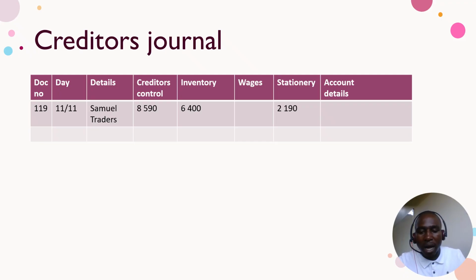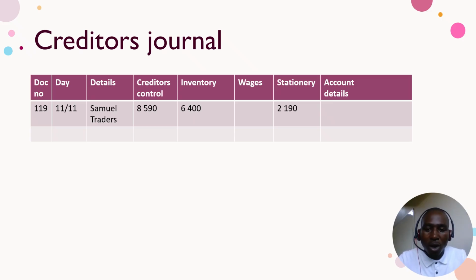On details you write the name of the creditor, the business where you purchased from: Samuel Traders. Then under inventory you write 6,400, and under stationery 2,190. You add these two amounts and write your total under creditors control. That is how we do our journals.